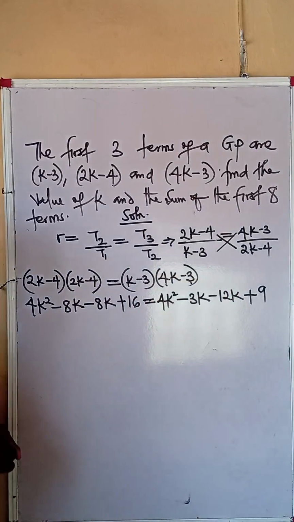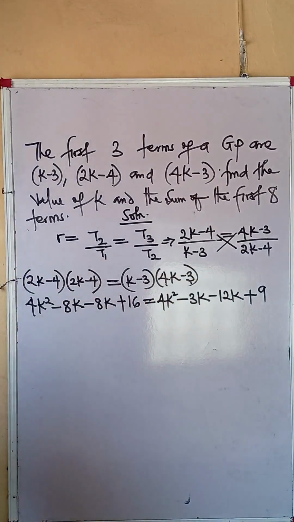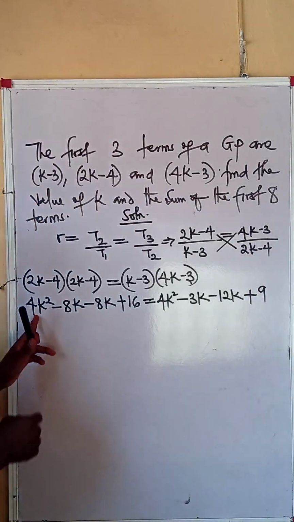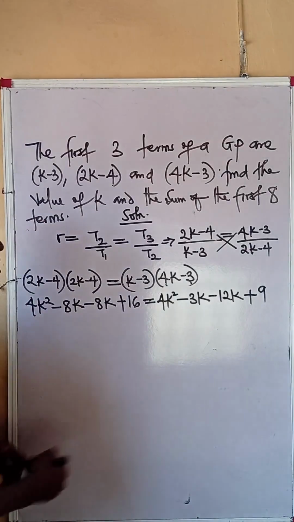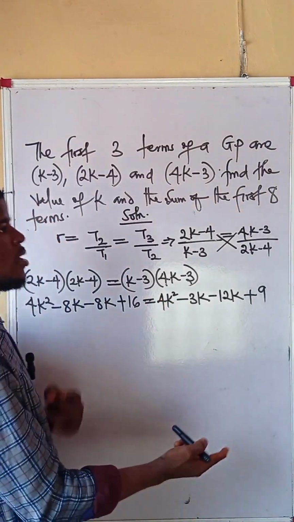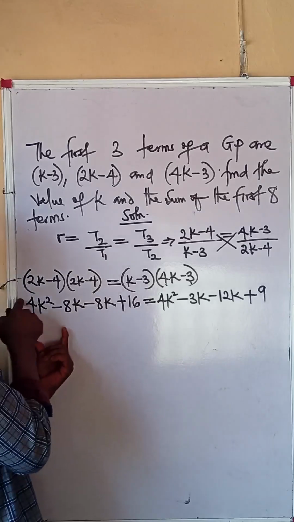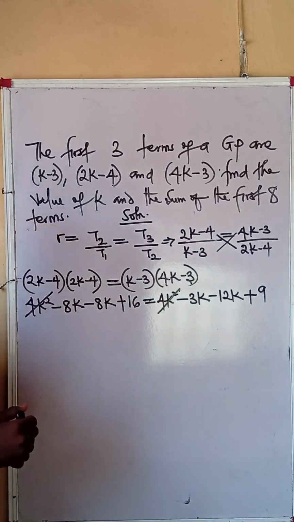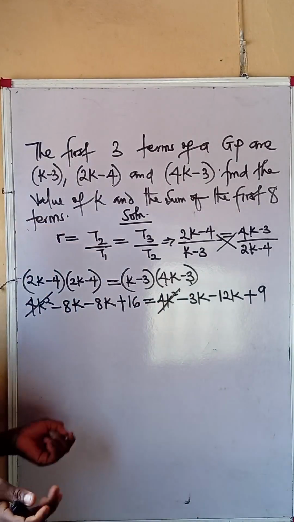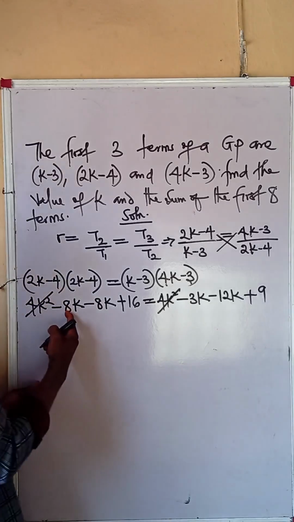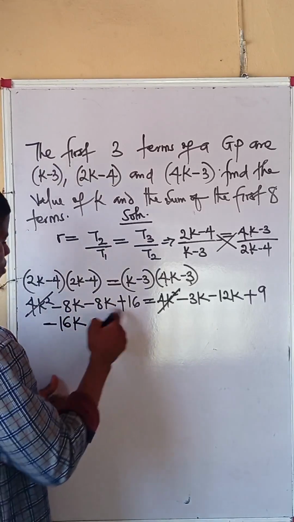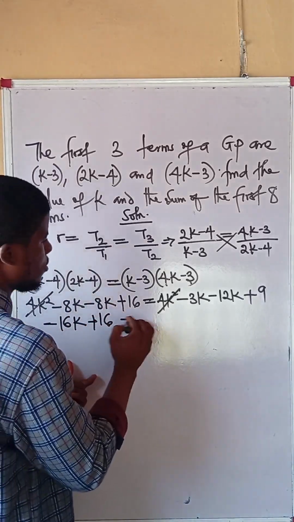So this looks like a quadratic equation, but it's going to become linear. There's 4k squared on the left and 4k squared on the right. Both of them have the same sign, plus, so they cancel out, leaving us with a linear equation. Minus 8k minus 8k is minus 16k, plus 16.